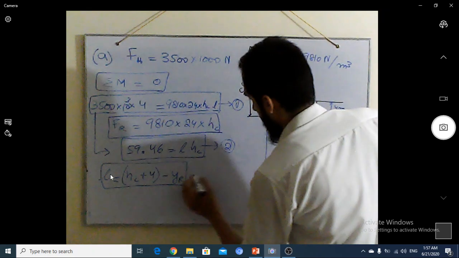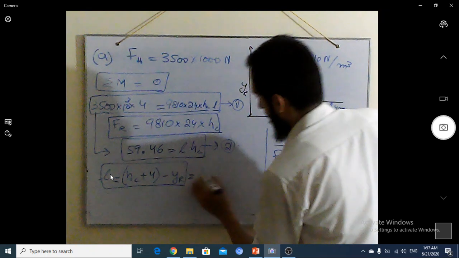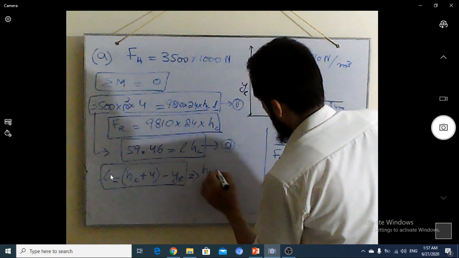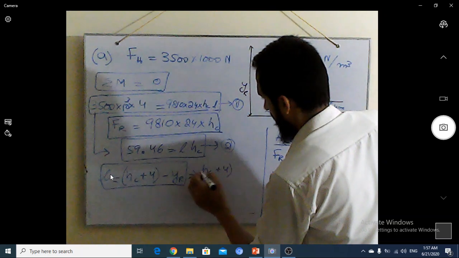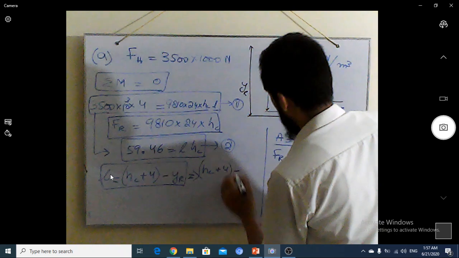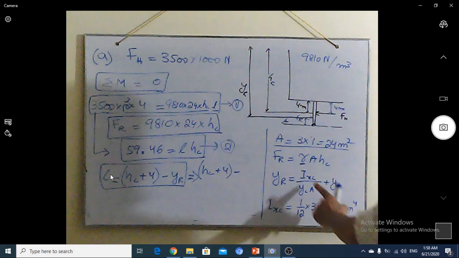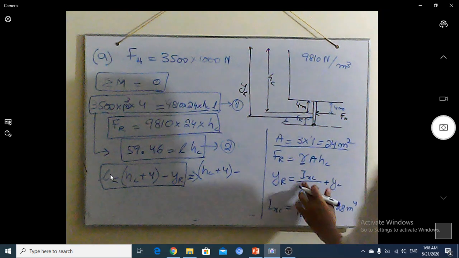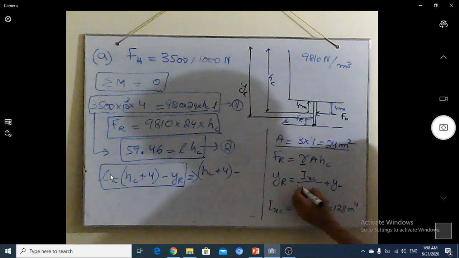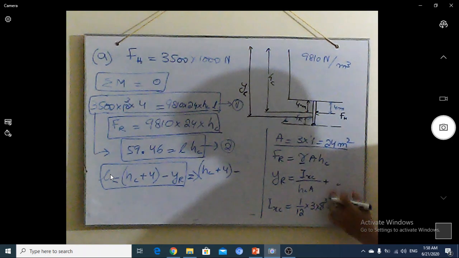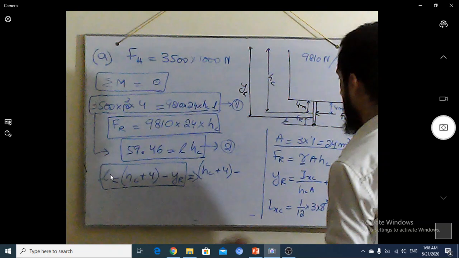So all of this becomes HC plus 4 minus, and these terms can be written in the form of HC. Note that YC equals HC, so do not get confused by that.